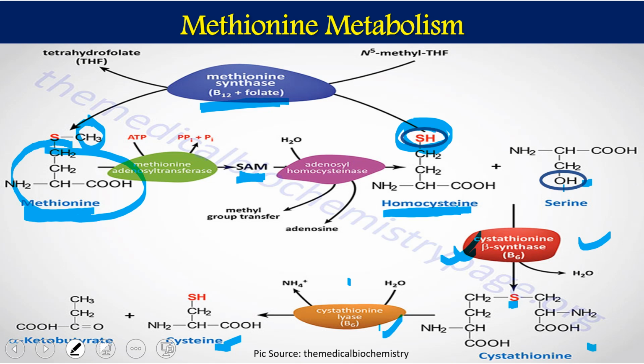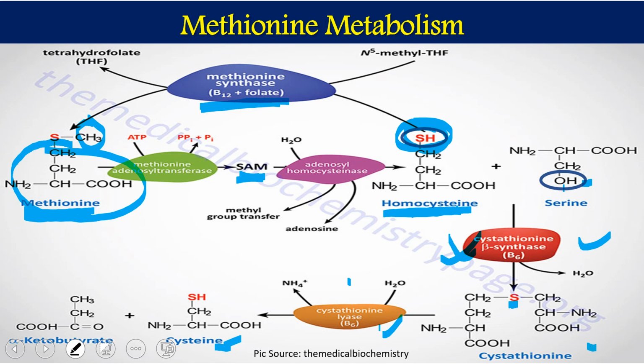So this is the overall metabolic process of methionine: how methionine is converted into cysteine, catalyzed by different sets of reactions. There are three important reactions where homocysteine is going to be metabolized. Methionine ultimately gives us homocysteine, because we are going to talk about homocysteinuria, the homocysteine metabolic process. Homocysteine is ultimately catalyzed by three enzymes.